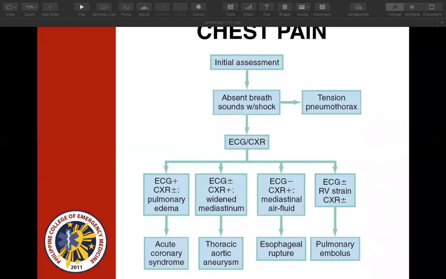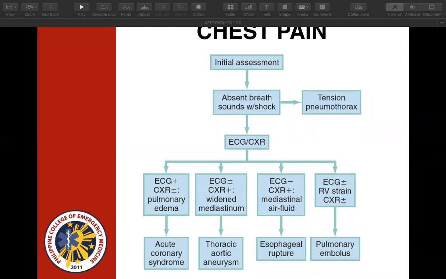If there are ECG findings of right ventricular strain, you can think of pulmonary embolism. If ECG is clear, but you have mediastinal air fluid in your chest X-ray, you can think of esophageal rupture. If there are ECG changes and a widened mediastinum, you could think of thoracic aortic aneurysm. Lastly, if you have ECG changes and pulmonary edema or even congestion, you can think of acute coronary syndrome.